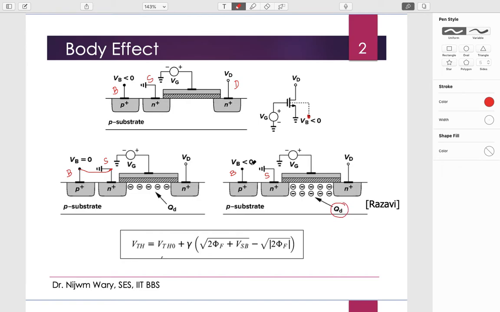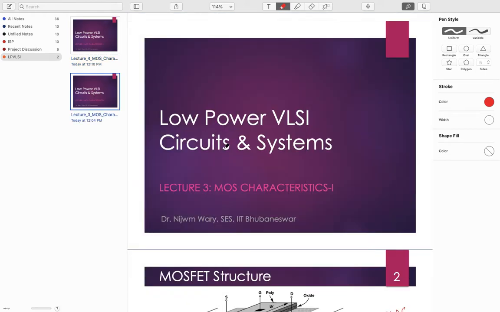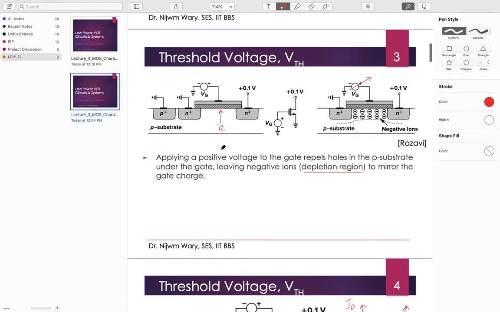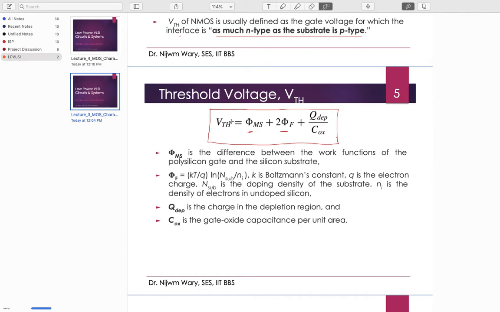If we see in the equation in the previous lecture, this is how the threshold voltage comes: the threshold voltage is a function of Q depletion, the depletion charge beneath the channel.